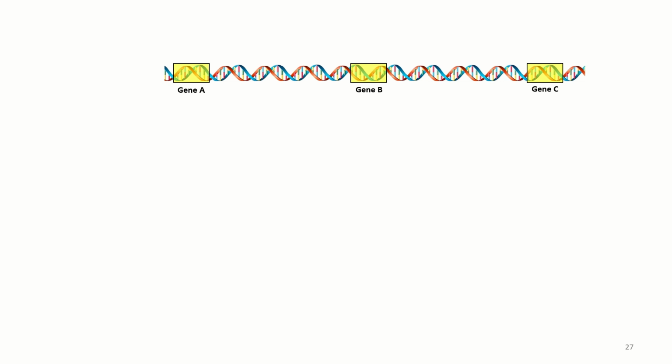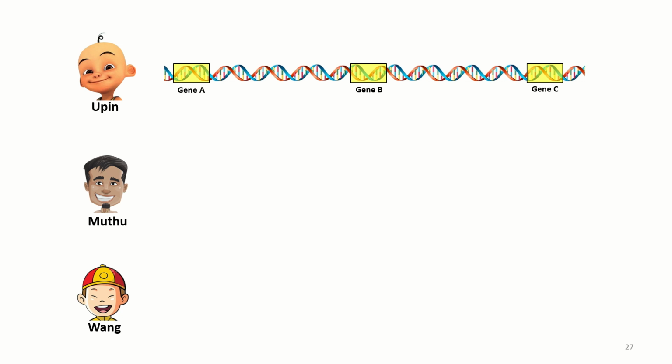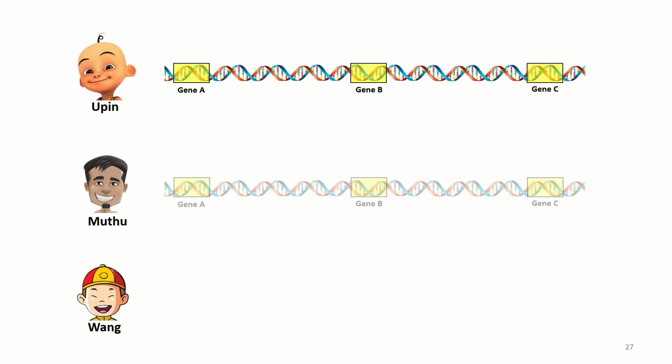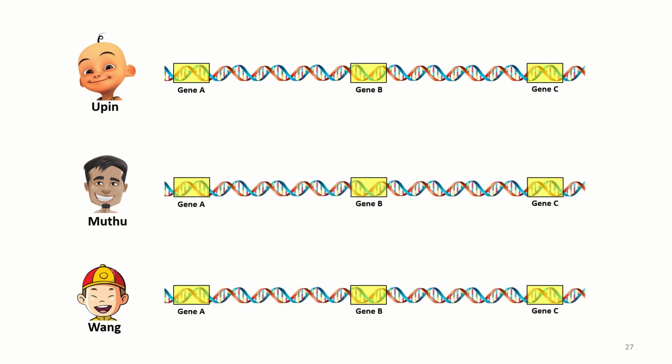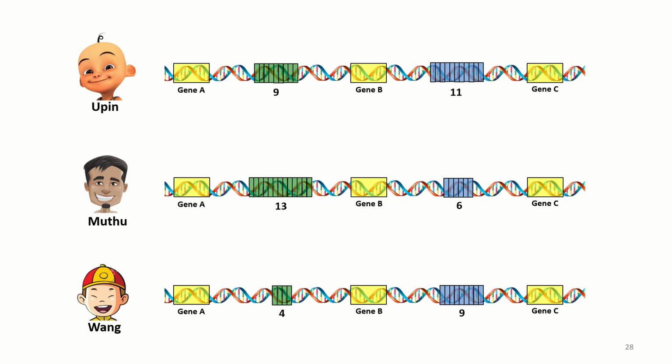Let's say this DNA belongs to Upin. Then we also have other samples here, Mutu and Wang's DNA samples. In the part of non-coding region, they are short tandem repeats or STR. In this example, two sites of STR are shown here, the green one and the blue one.